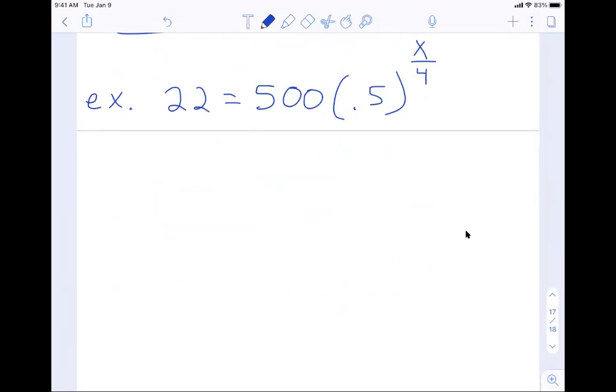So the first thing we have to do is divide both sides by 500. But don't bother using your calculator till the end. So I have 22 over 500 is equal to 0.5 to the x over 4. Okay, if I'm going too quickly, please slow me down.